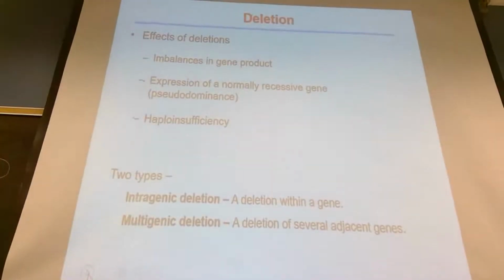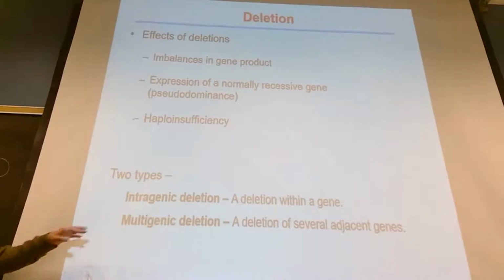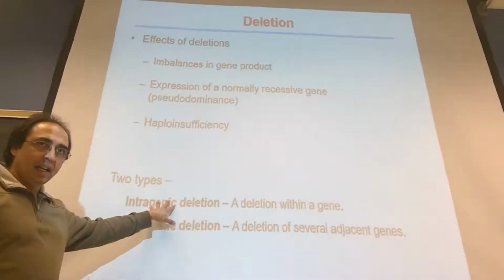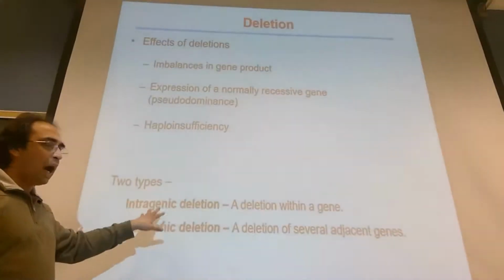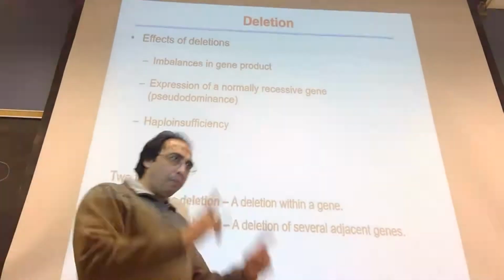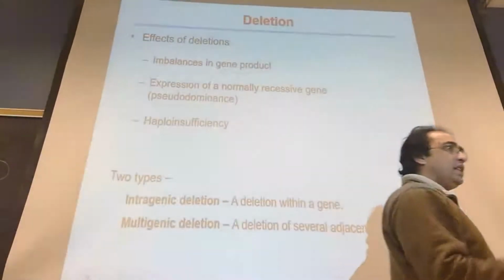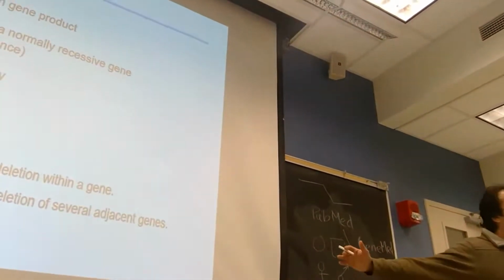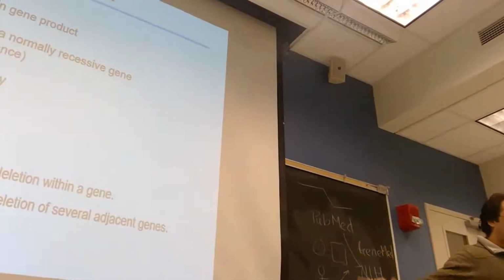And before that, we need to think about what kind of deletion it is. Is it an intragenic deletion or a multigenic deletion? Intragenic means a small part within a gene, a small part of the DNA within a gene, is deleted. So what is a gene? A gene may be of a couple of thousand base pairs.